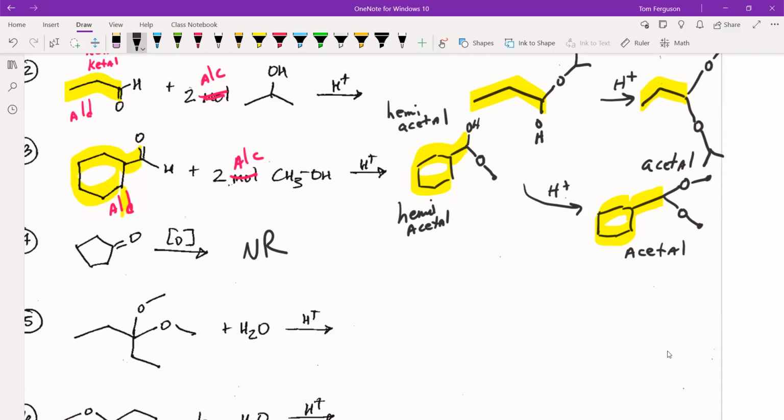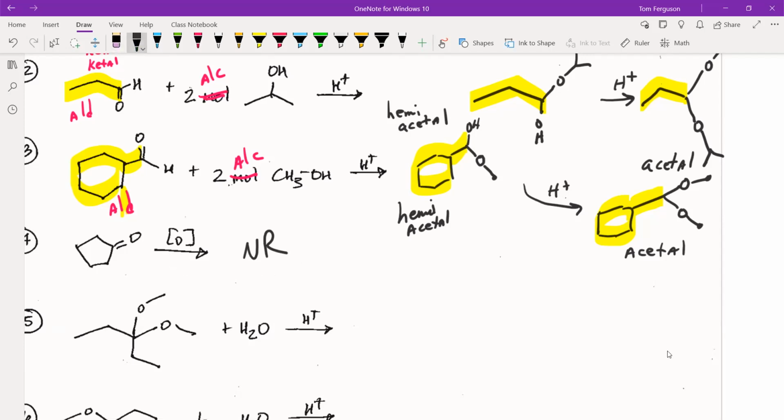And then Wednesday's test, I put an R here. And when it's reduced, it goes to the secondary alcohol. So it can't be oxidized, but it can be reduced.